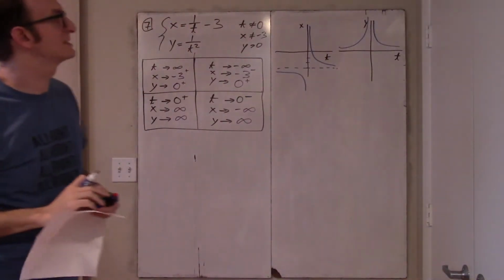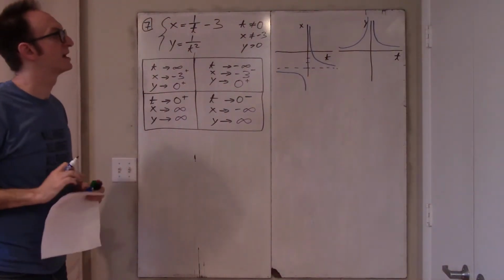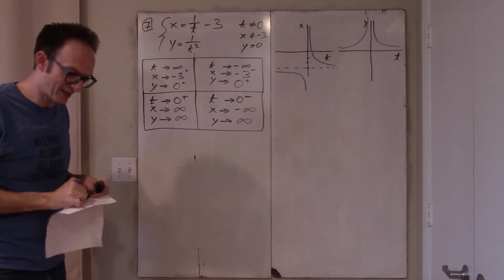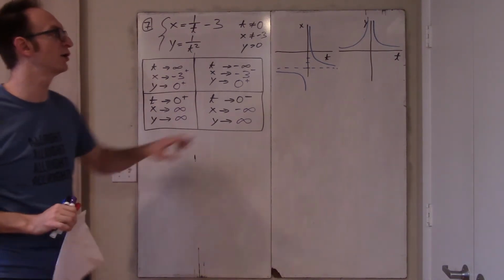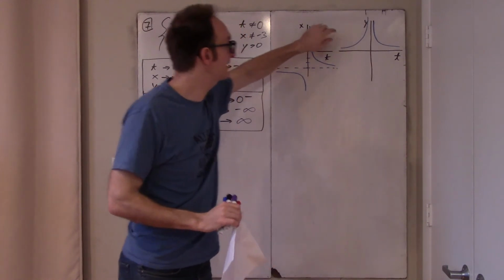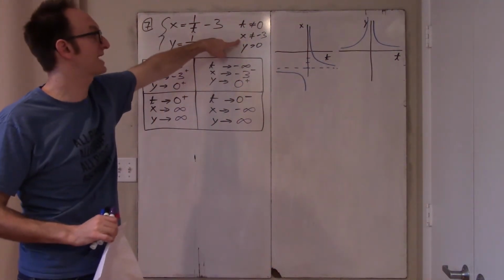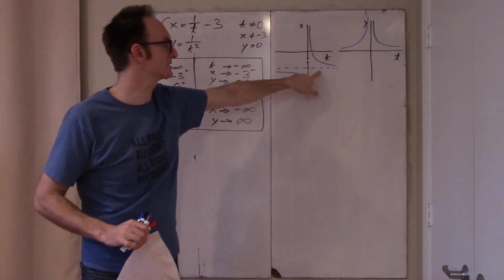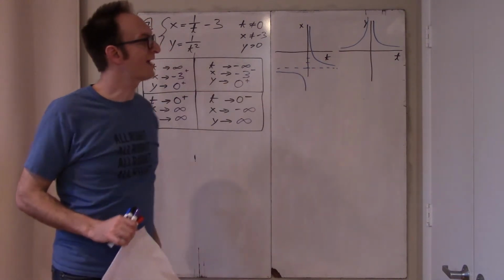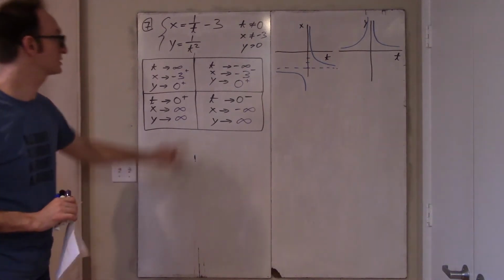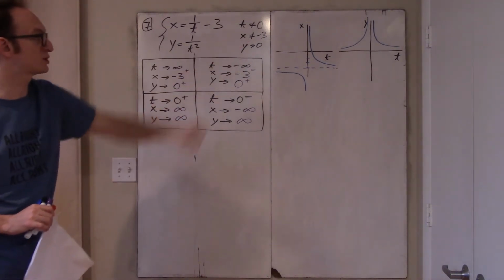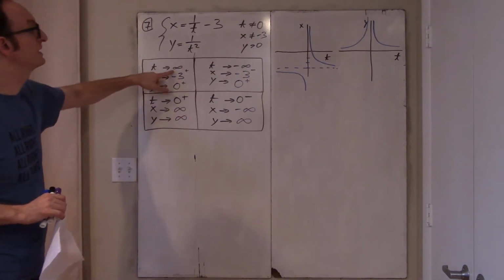All right, why is this nice? If you took the initiative to make these graphs first on your own, then this is telling you very obviously, of course x can't be negative 3. There's no value of t which will make x negative 3. Of course y has to be positive. And then you can read these off those pictures. So what happens as t goes to infinity?